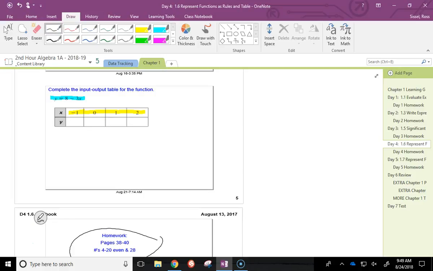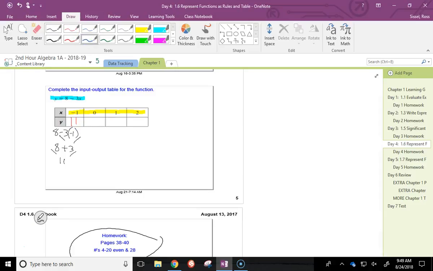So to find it for -1, I'm going to write 8 minus 3, and in place of x, I'm going to put my -1. Well, -3 times -1 is a +3. So then I have 8 plus 3 is 11. That becomes our range.